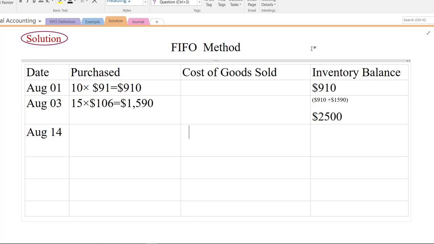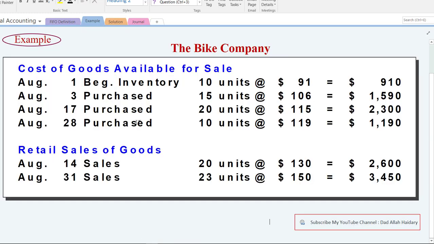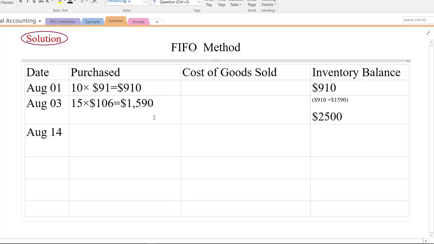And those inventories which we have purchased later, those which we have purchased recently, are going to be in the ending inventories. Now students, let me remind you once again, the total number of inventories which are sold is 20 units. 20 units of inventories are sold, and we are using the method of FIFO.